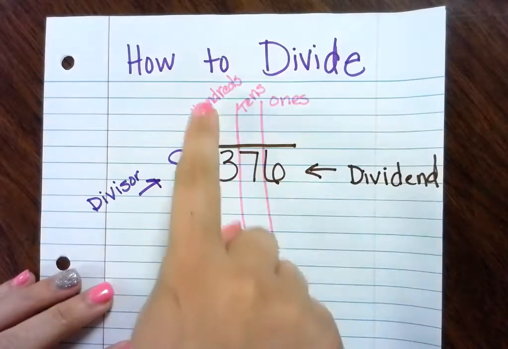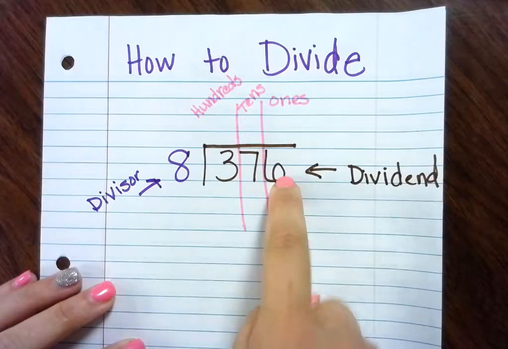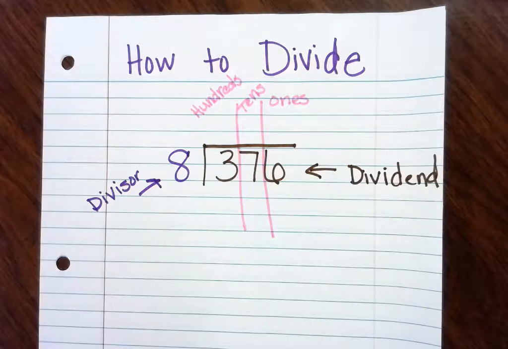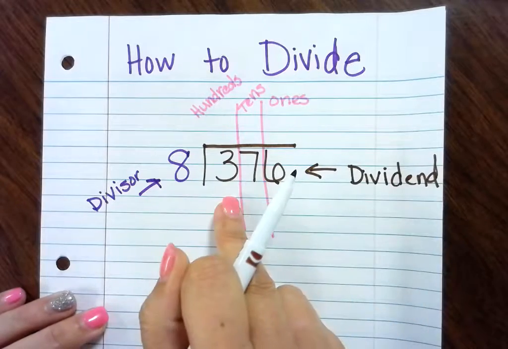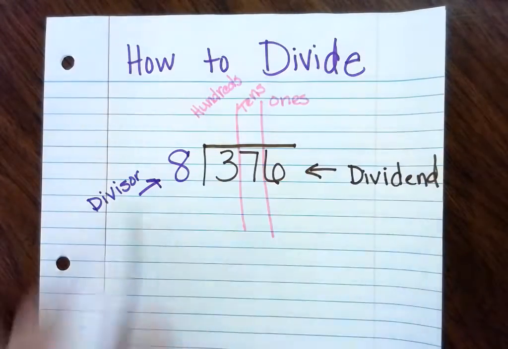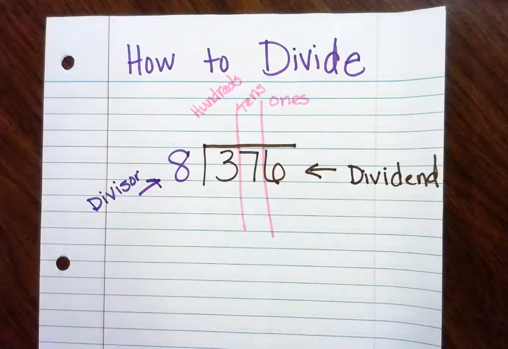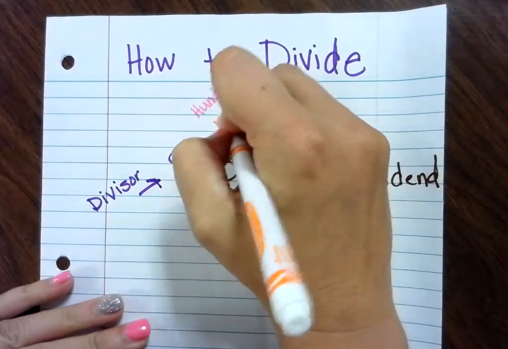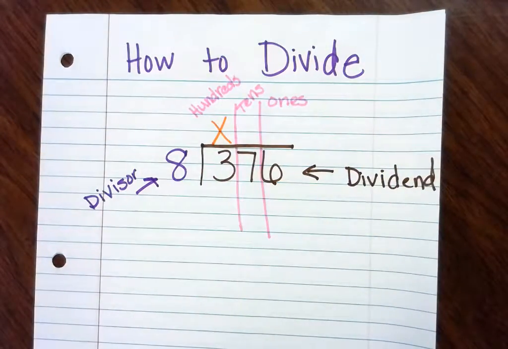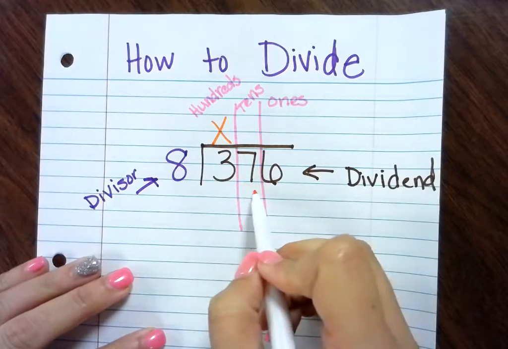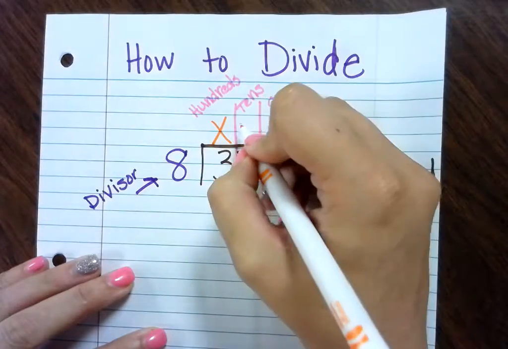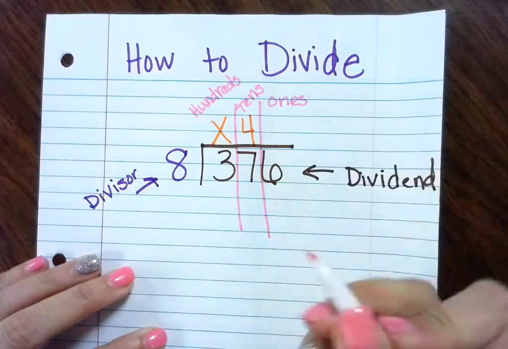So I have 3 hundreds, 7 tens, and 6 ones. When I am dividing, I'm trying to find out how many times 8 will go into the 3. 8 won't go into 3. So I need to place a placeholder so that I can move on over. So now I'm really trying to find out how many times 8 will go into the 37 right there. Well, 8 will go into the 37 4 times.